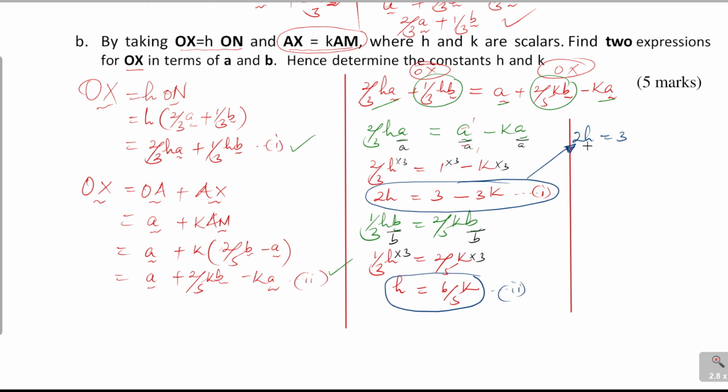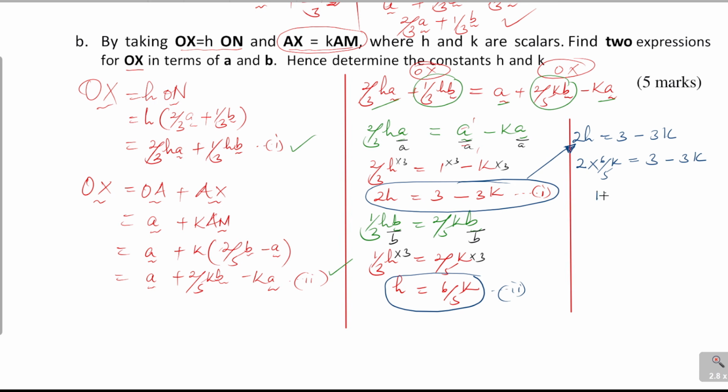That is the equation I'm using. Since h is equals to 6/5k, I can substitute that here. So 2 multiplied by h, h is 6/5k, is equals to 3 minus 3k.